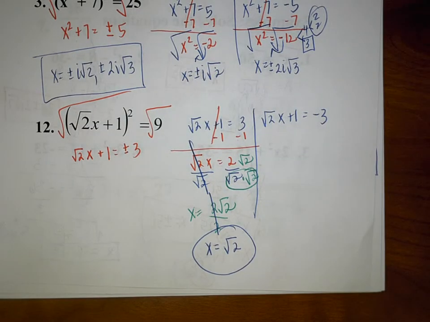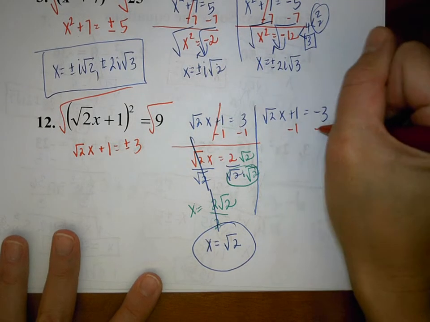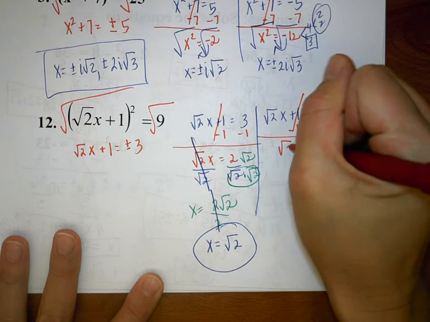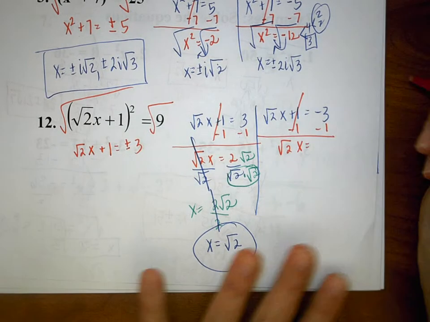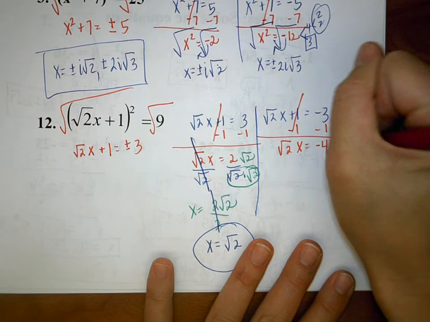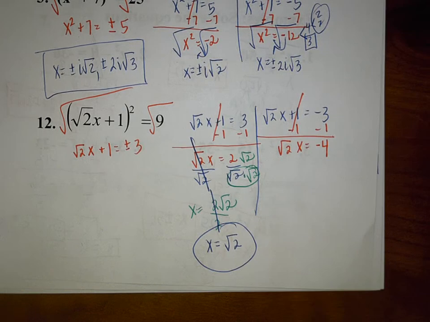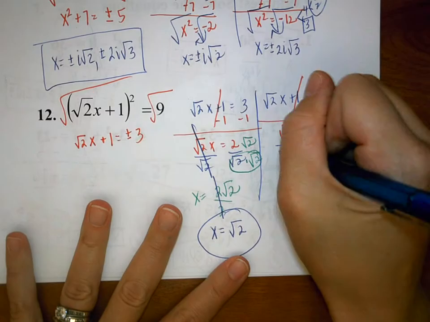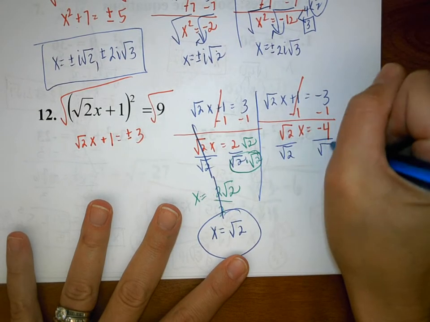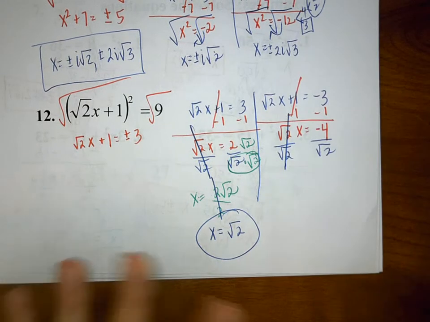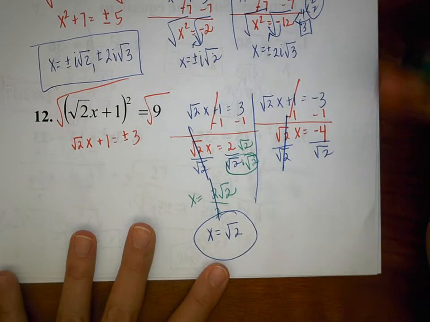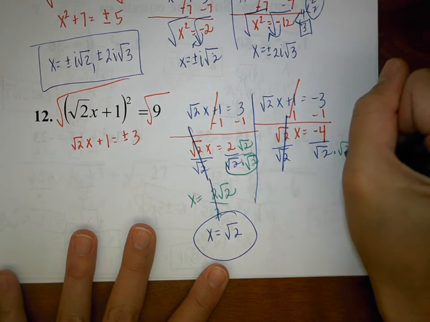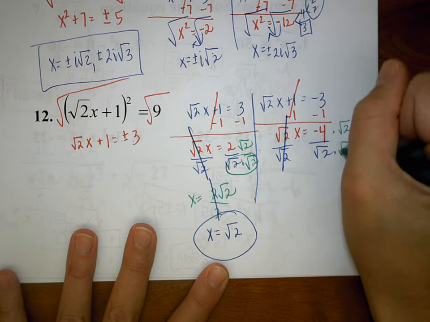Okay, so now you're going to do the other side. What are we going to do? Very good. We're going to start by subtracting 1 from both sides. So I have root 2 x equals negative 4. Next, I will, good, divide by root 2 on both sides, but I can't have a root in the denominator, so next I, very good, multiply by root 2 on both the top and the bottom. We get a pair of 2's.